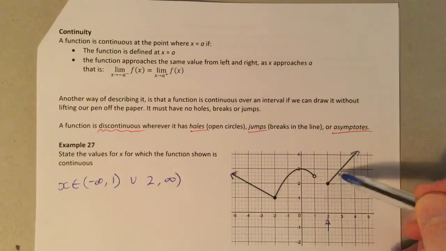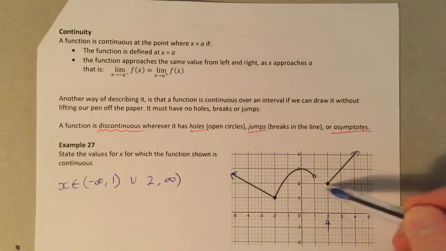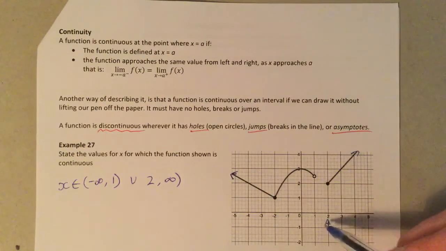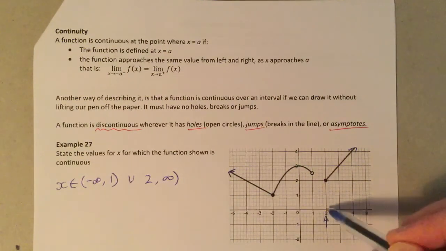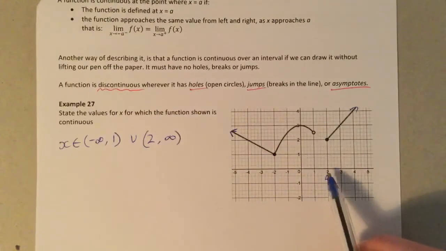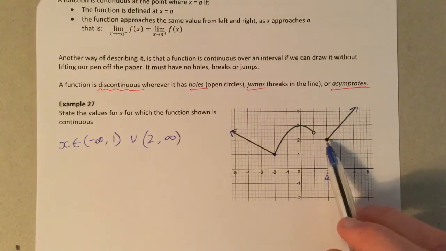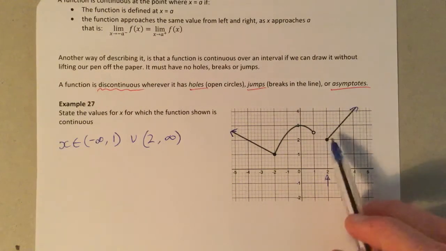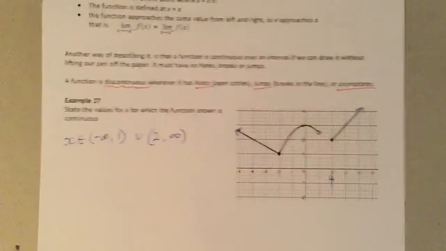So we can't say that it's approaching the same thing from left and right because there's actually nothing on the left-hand side here. So even though it's a closed circle, we don't include the 2 in the interval because, technically speaking, when x equals 2, this function is not continuous. It only starts being continuous just after x equals 2 and then all the way to infinity.